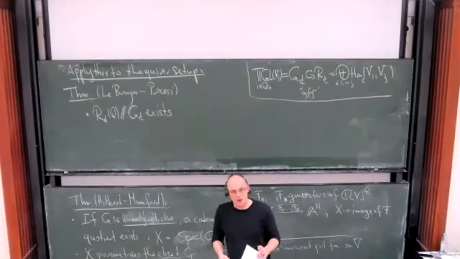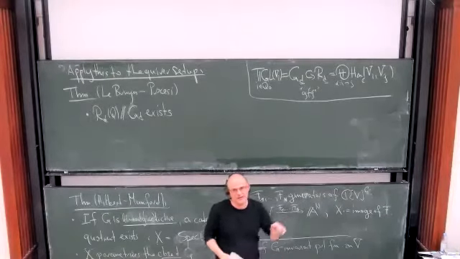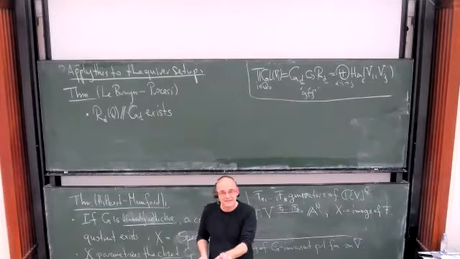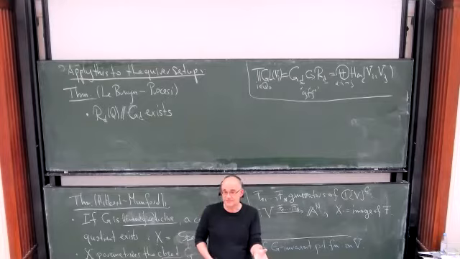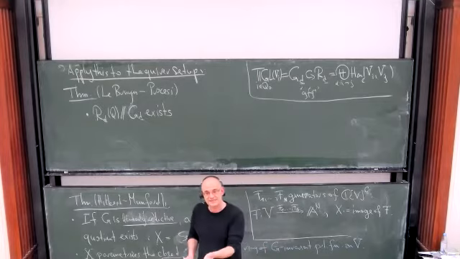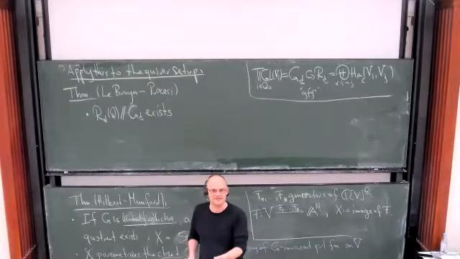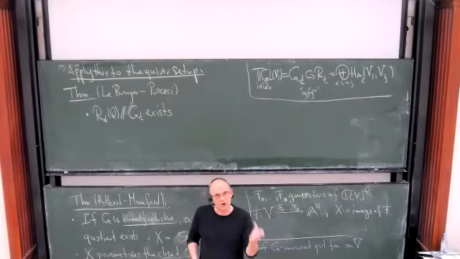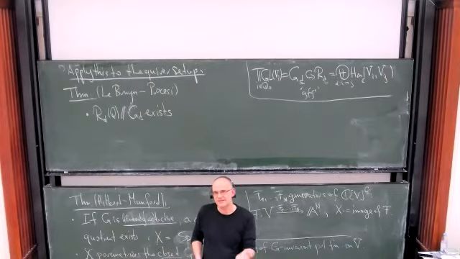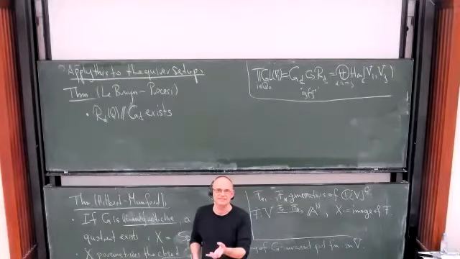Please recall the orbits for this action correspond canonically to the isomorphism classes of quiver representations. So being closed for the orbit should be reflected in a representation theoretic property of the isomorphism class. And indeed it is. The orbit of a representation is closed if and only if the representation is semi-simple.